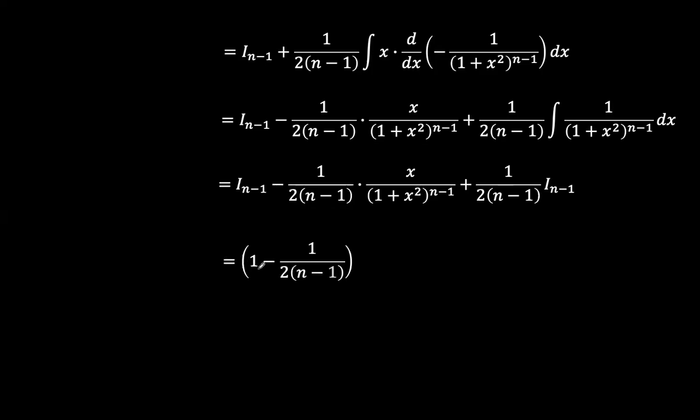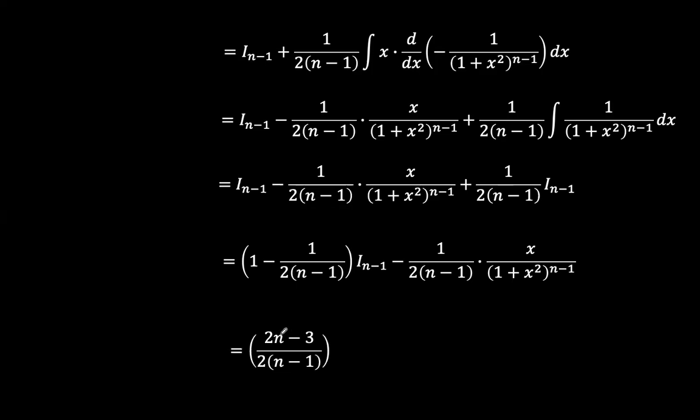And so we have 1 minus 1 over 2 times n minus 1, I n minus 1 minus 1 over 2 times n minus 1, x over 1 plus x squared to the power n minus 1. And so this is now 2n minus 3 over 2 times n minus 1 times I n minus 1 minus 1 over 2 times n minus 1 times x over 1 plus x squared to the power n minus 1 is equal to I n, right?